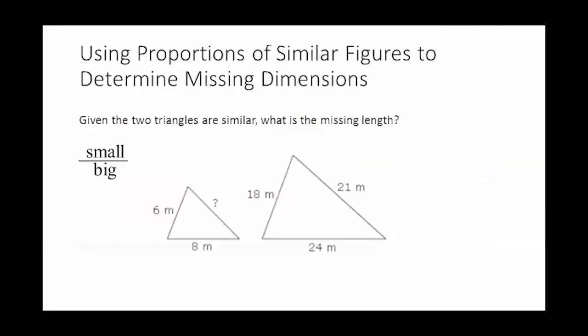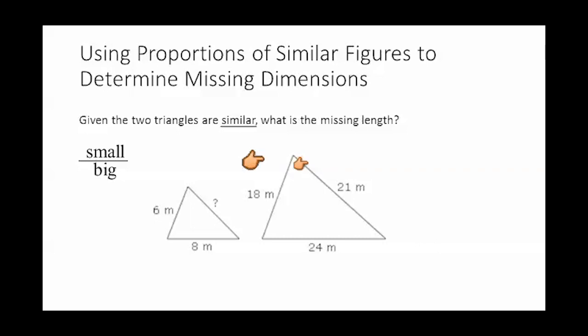I can also, if I know two figures are similar, use those proportions to help me find the missing length. So here we're given two triangles. It's important to note that the problem does tell us they are similar. If we don't know they're similar, then we wouldn't be able to do this. And we need to find the missing length. Here you'll notice that the triangles are in the same orientation.